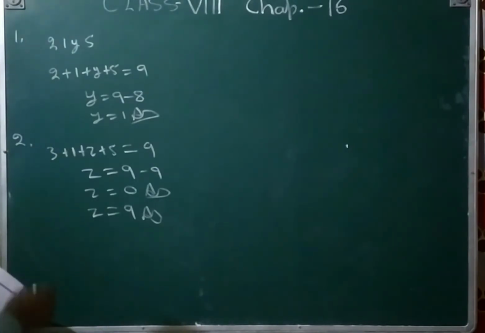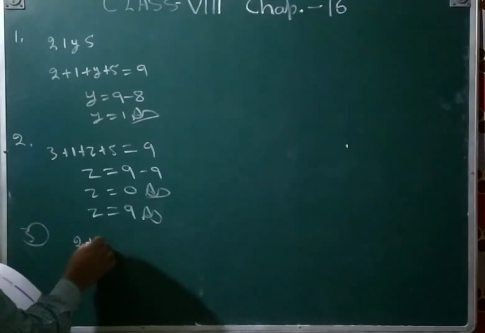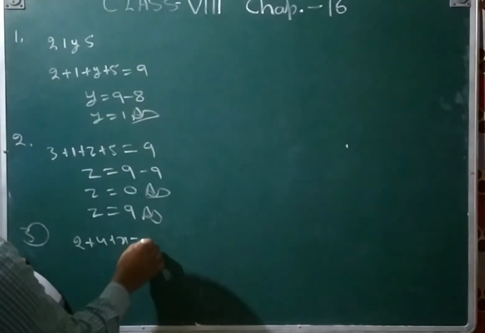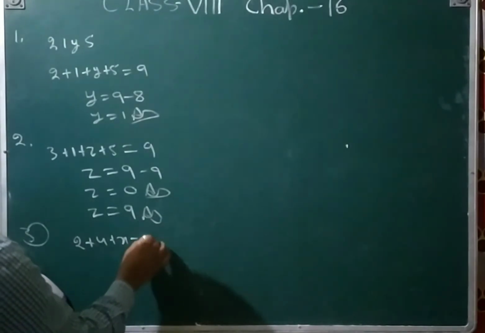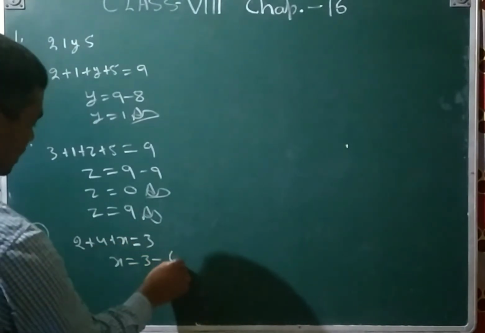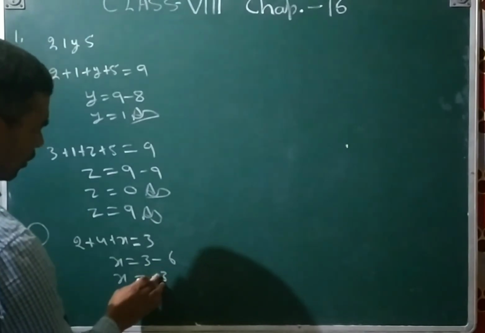Now the third: 2 plus 4 plus x is equal to a multiple of 3. So x is equal to 3 minus 6, that is minus 3, or there is no need to write minus 3.